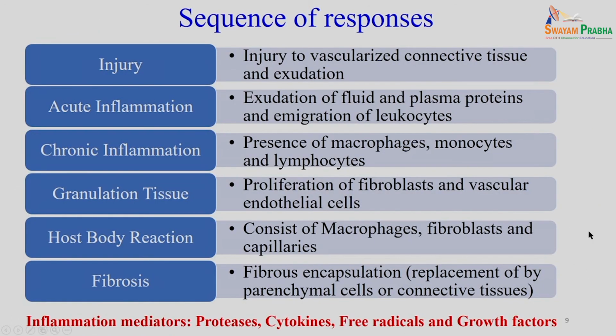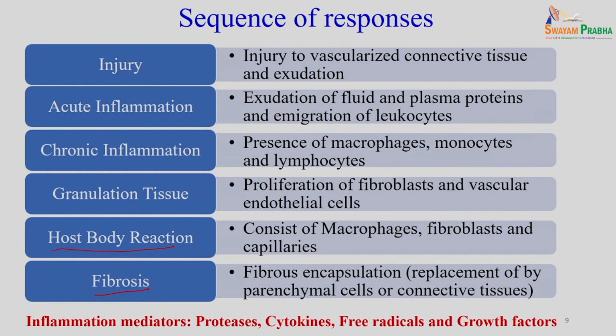When we go for implantation, these are the series of events, or sequences. The first is injury, followed by acute inflammation, then chronic inflammation, followed by granulation tissue, then host body response, and finally fibrosis.